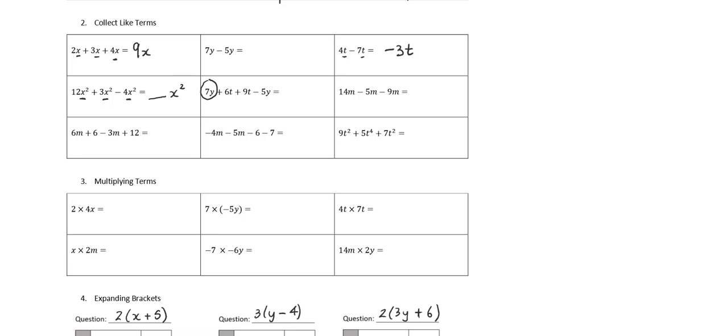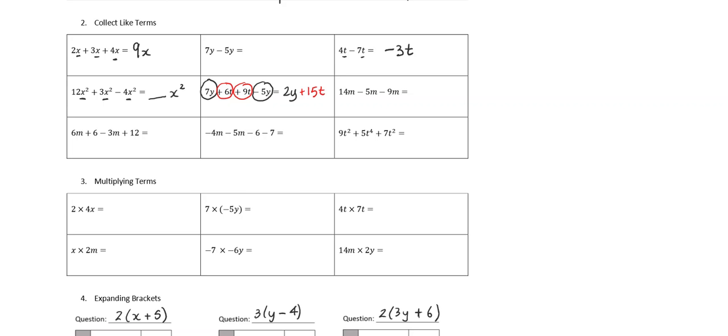So here's a 7y and here's a minus 5y, and we have to be careful to capture that minus sign. So 7y minus 5y is 2y, and then we go and have a look at the other terms. I've got a plus 6t plus a 9t, and that gives me 15t, so plus 15t. So unless they have exactly the same letter, the terms cannot be added or subtracted.